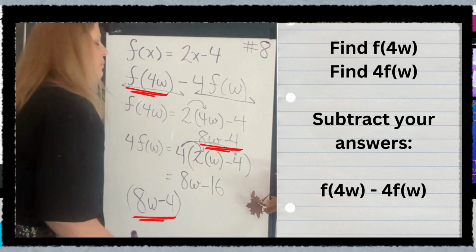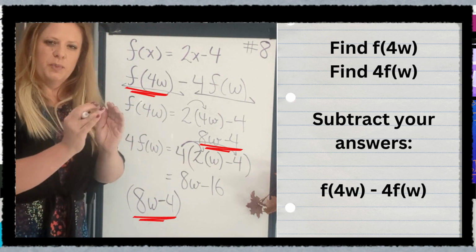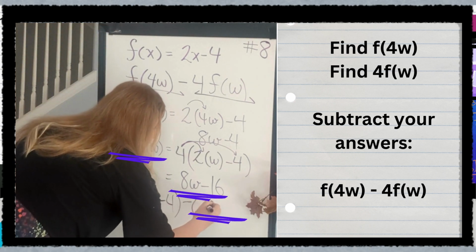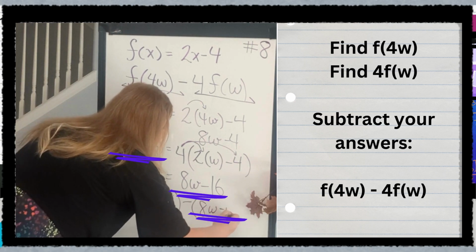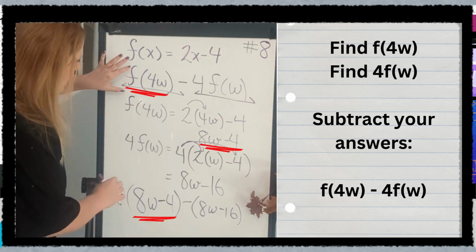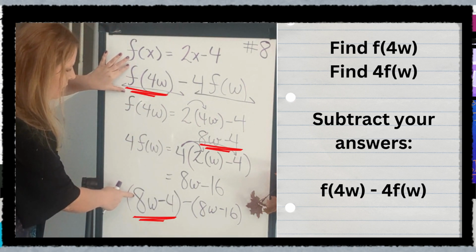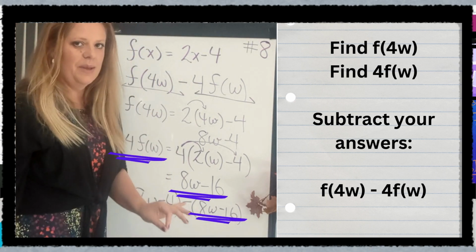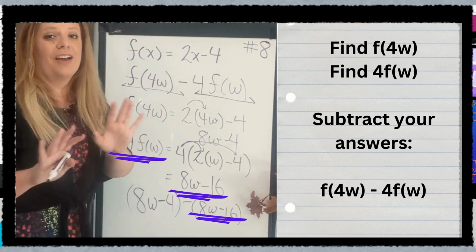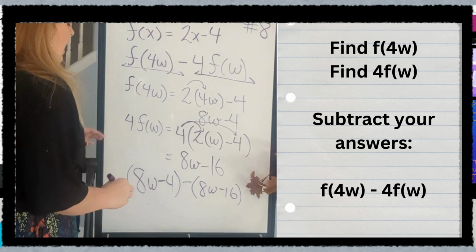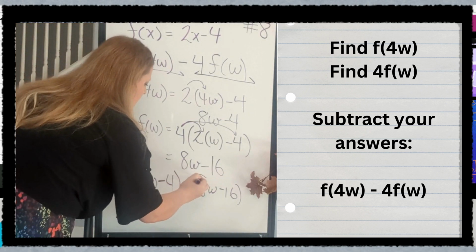I'm going to put parentheses around that, just so we have that quantity together, minus the quantity 8w minus 16. So again, that is our f of 4w minus 4 times f of w. And you see they're not the same thing. They are different from one another.